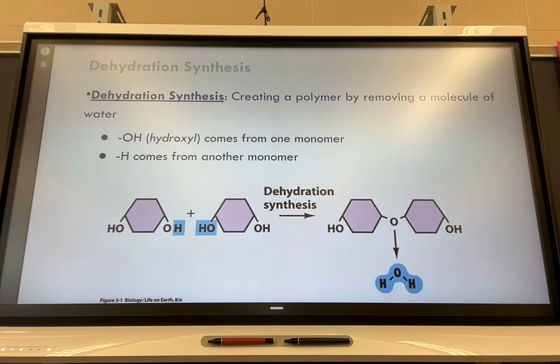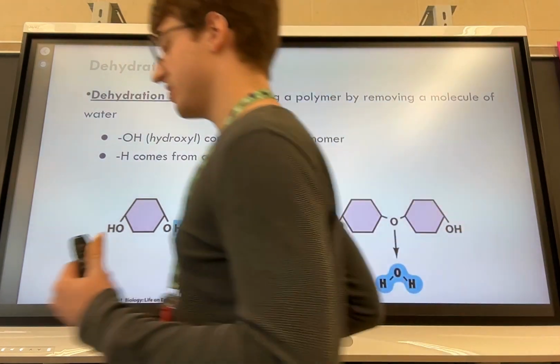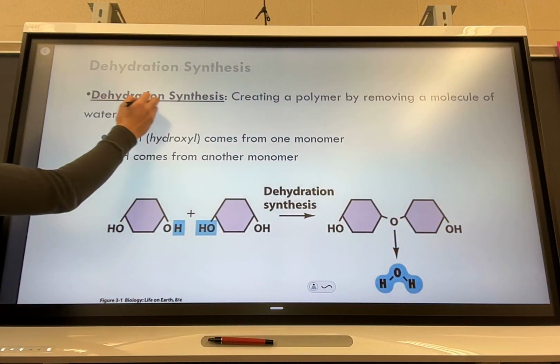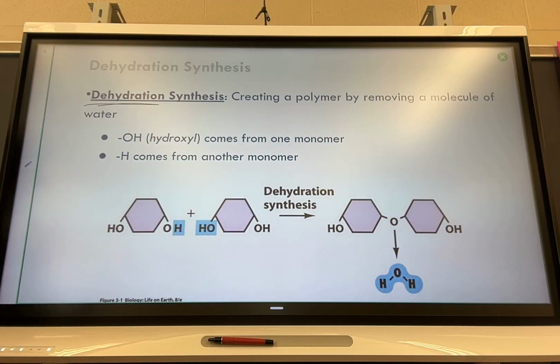Now, I like to show during lecture that the name for this process gives away what the process actually does. So in dehydration synthesis, we look at the first word, dehydration. Dehydration we usually associate with losing water. Typically, if you're dehydrated, you need to drink water, you're lacking in water.